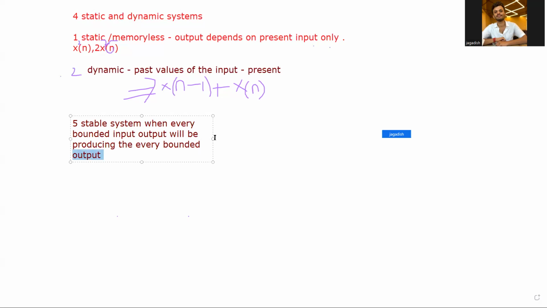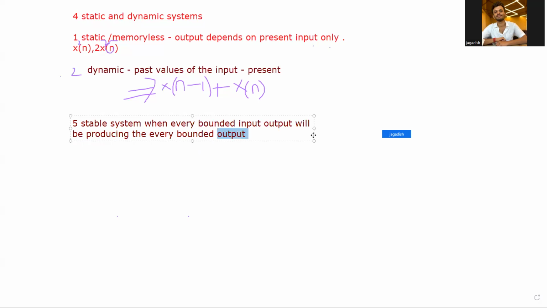When every bounded input will be producing every bounded output, then we will be calling it the stable system.